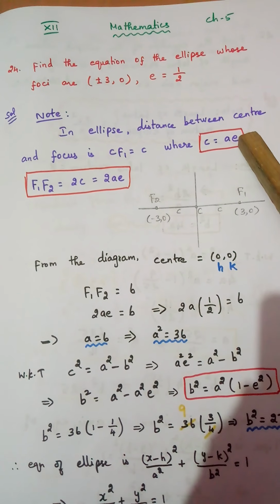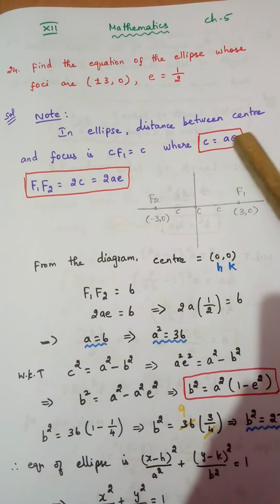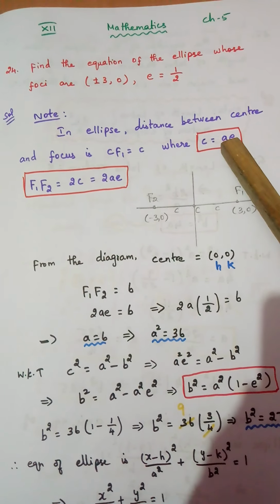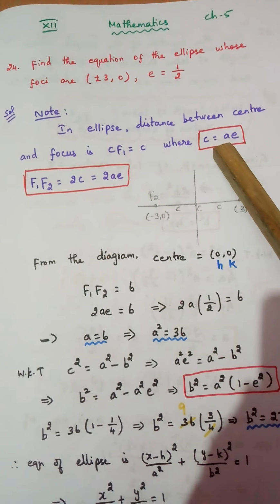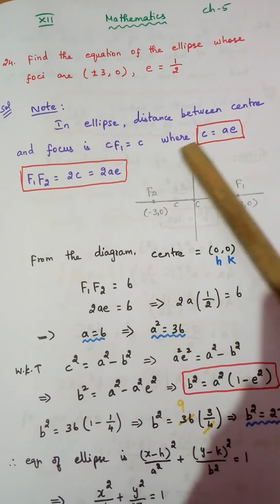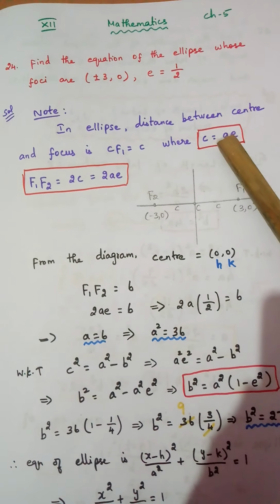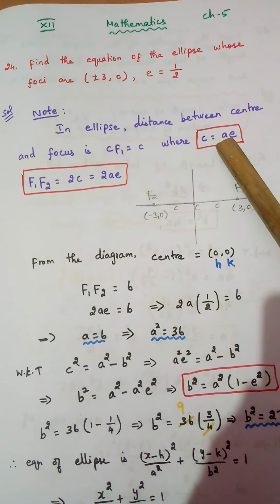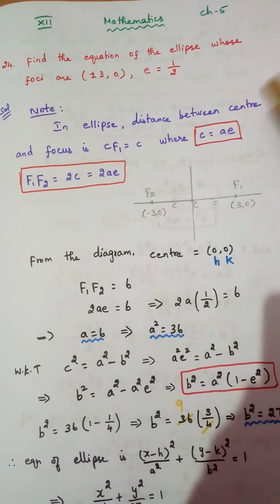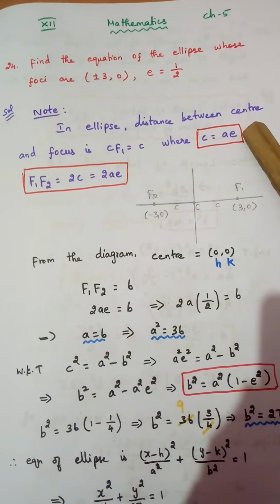You know very well, e means eccentricity, a means distance between center and vertex. Everything I am telling is from the previous class. c is given by the formula a into e. What is a? Distance between center and one vertex. e is nothing but eccentricity.